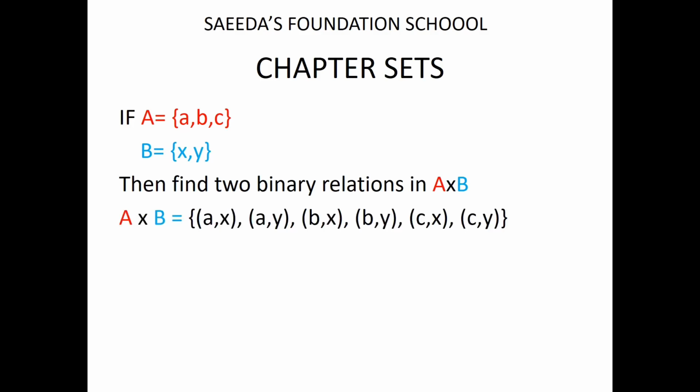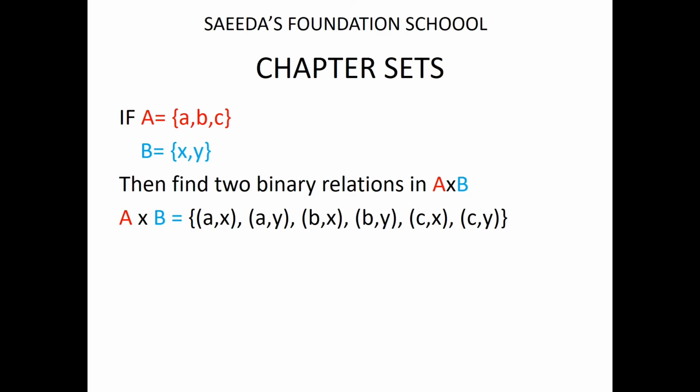Now, for binary relations, in mathematics, a binary relation over two sets is a set of ordered pairs consisting of elements, for example, let's say X in the first set and Y in the second set. In other words, it's a subset of the Cartesian product.